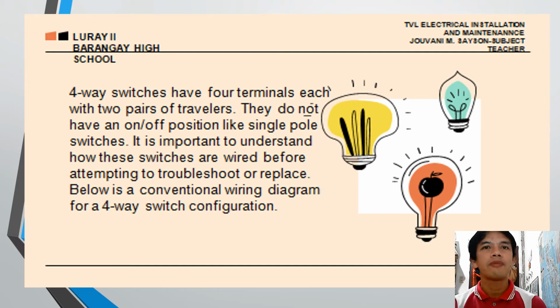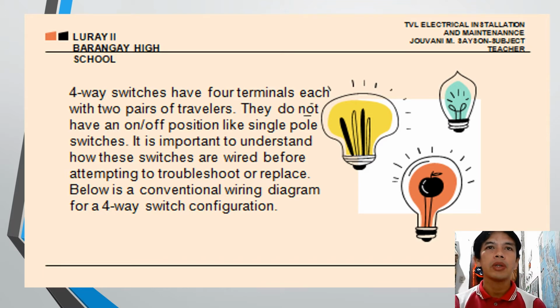4-way switches have 4 terminals, each with 2 pairs. They do not have an on and off position like single pole switches. It is important to understand how the switches are wired before attempting to troubleshoot or replace them. Below is the conventional wiring diagram for a 4-way switch configuration.